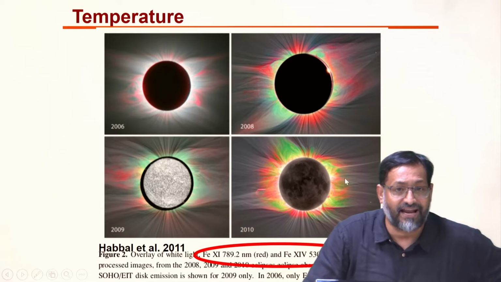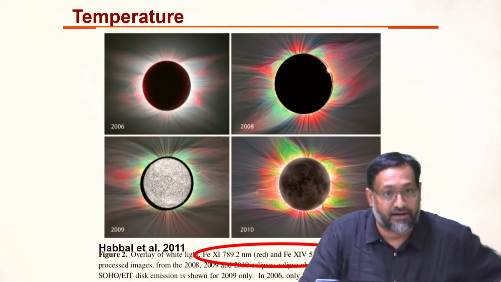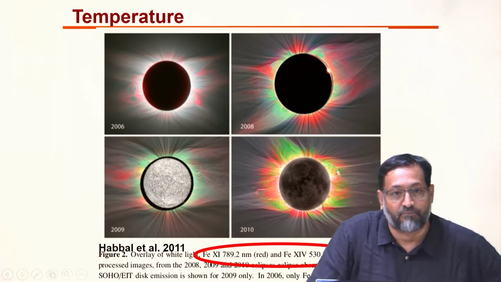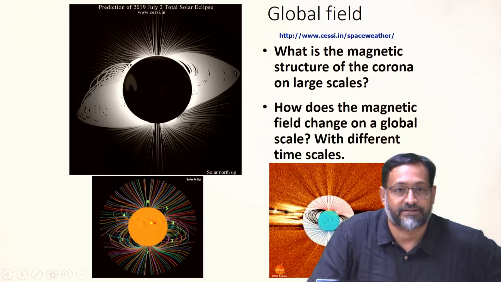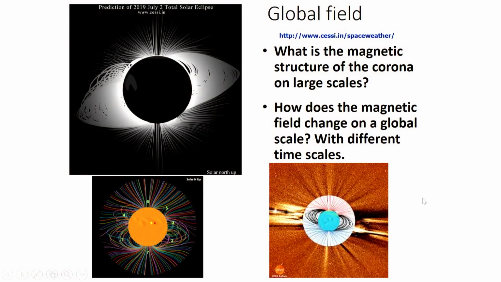Whereas in 2010, the sun had become more active, and you had more magnetic structures, and then you see these kinds of changes. So to understand these structures, we also need to understand the global magnetic field structure of the corona on a large scale, and how this magnetic field changes on a global scale with different time scales.